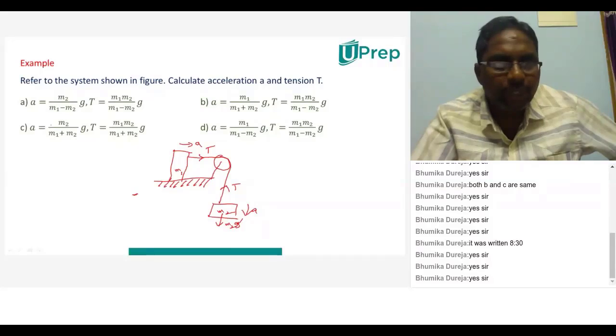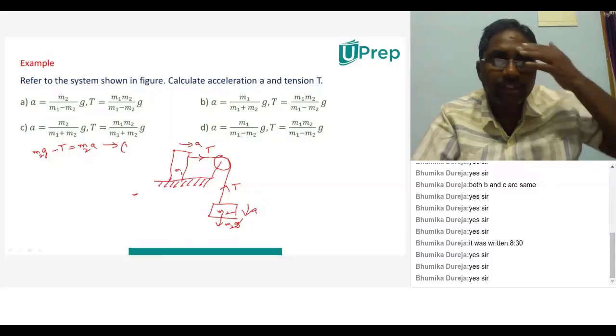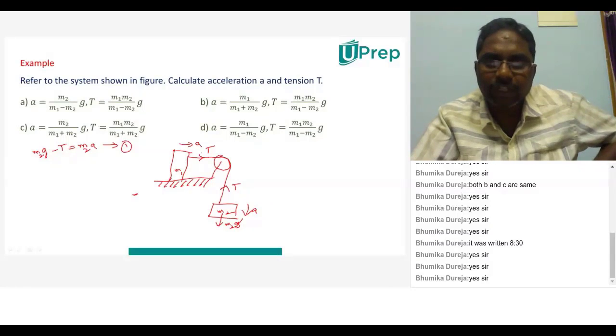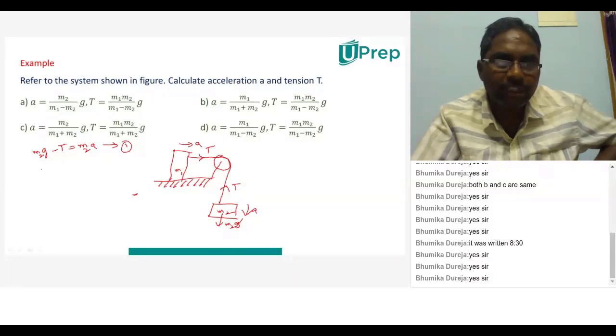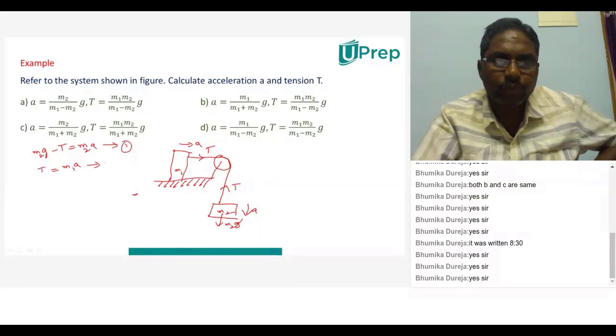For mass M2, M2G minus T will be equal to M2A. That means I am writing the force directly. So this is equation number 1. And now on the first mass, only the tension force is acting. That means T will be equal to M1A. So both are moving with the same A. Now this is equation number 2.